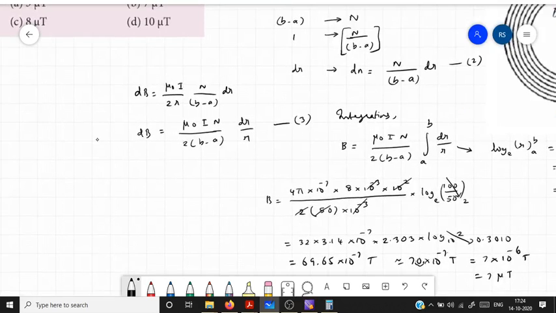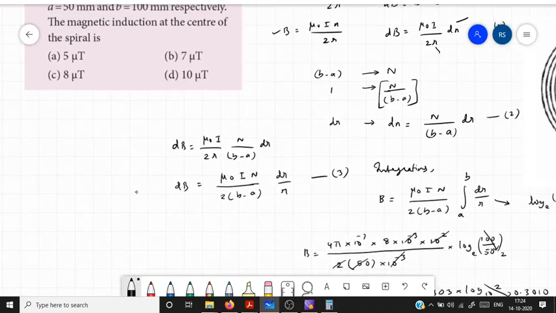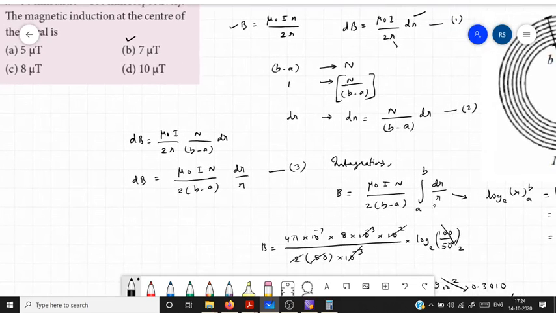You can check the answers available here. You can readily find the answer to be 7 micro Tesla here. So this is how we solve question number 5.